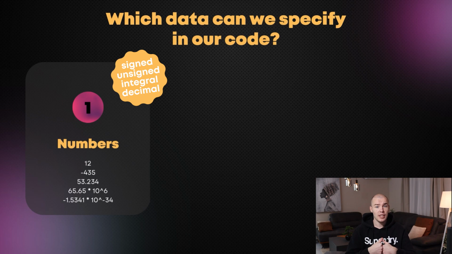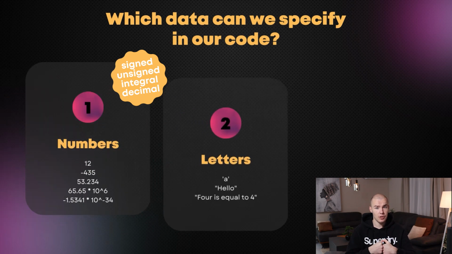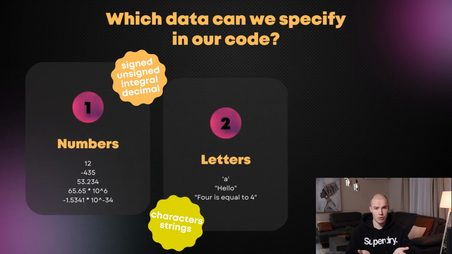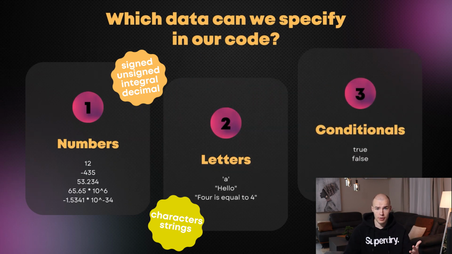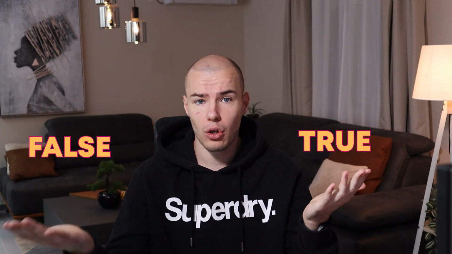On the other hand, we have letters, and letters can be characters or they can be words, sentences, which is basically strings in programming terminology. And the third category is going to be conditionals. So basically, you need a way to tell our compiler that for some statements we have only two options, and those options are true or false.